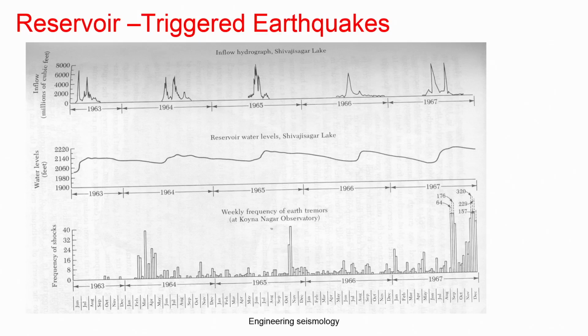Apart from this, there is also the reservoir triggered earthquake. This happens in reservoir areas where, due to the construction of a dam, a huge amount of water is stored at a particular place, which again causes an imbalance force below that location. If there is a weak zone, fracture or fault in those areas, filling up and emptying the reservoir creates an imbalance force that causes seismic activity in that region.